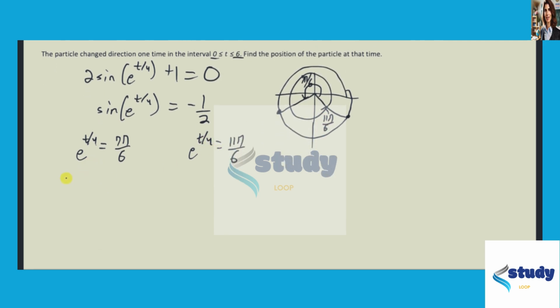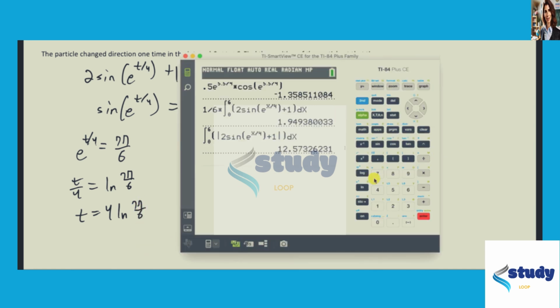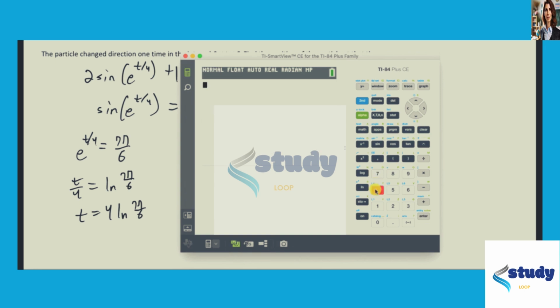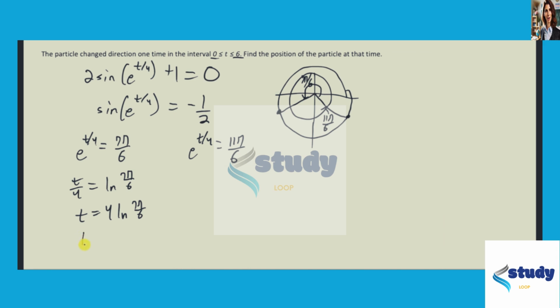If we solve both of these, we take the natural log of both sides. That gives us t/4 = ln(7π/6). So t would be 4 times the natural log of 7π/6, which gives us about 5.196.